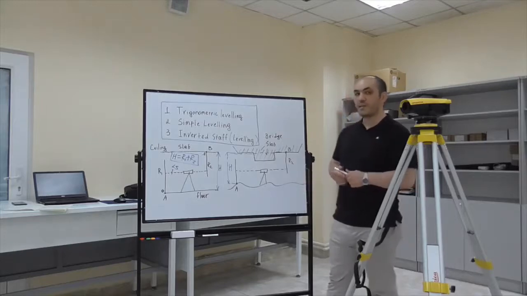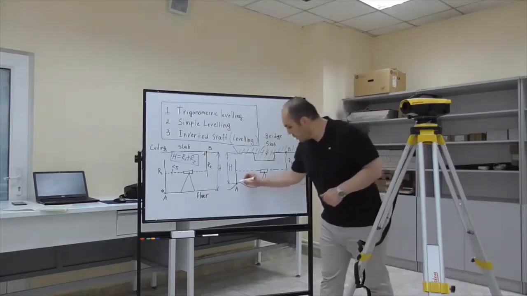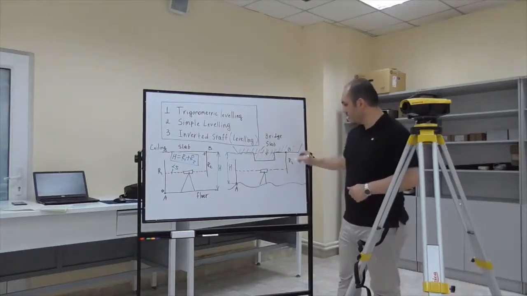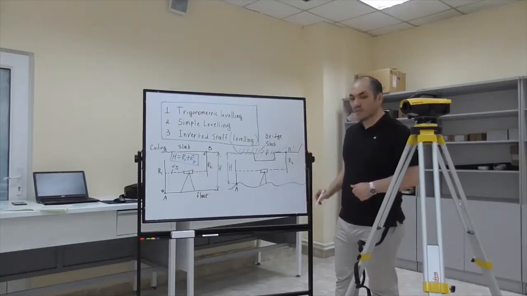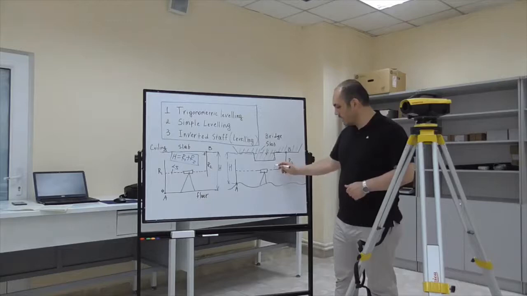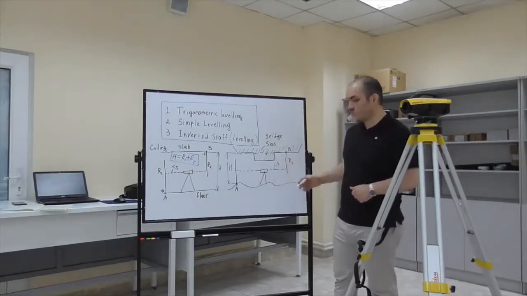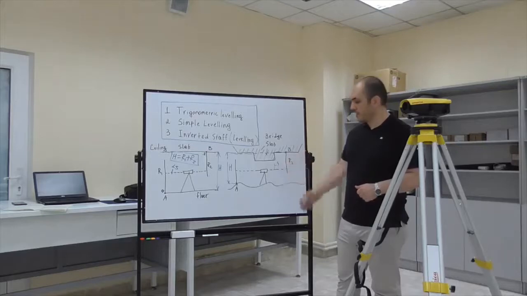If we want to identify the height between point A and B, point B is of course above the line of sight, the line of collimation. So we use the inverted staff method.